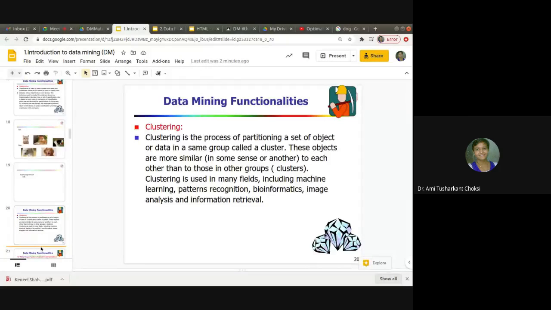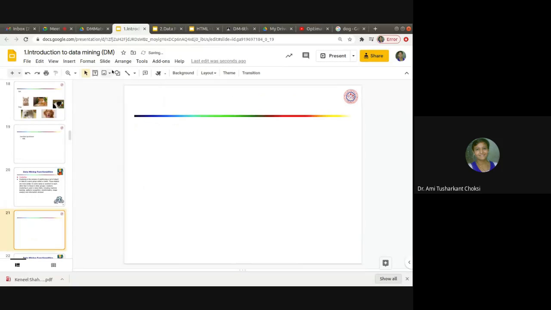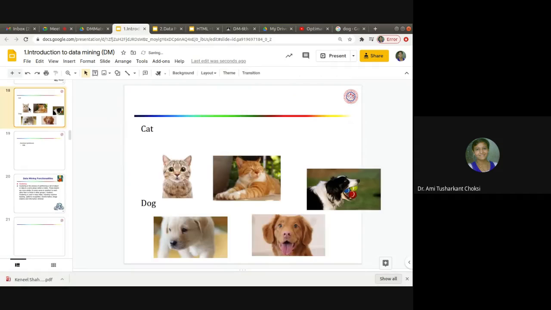Now, here, let me say that the labels are not given. In the case of classification, the photos are there. And you can say the photos are given the label. That is photos or any other type of data, maybe text data, but the labels are given.